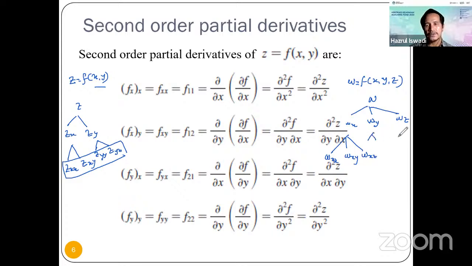So for the second order partial derivatives of a function which has three variables, there are nine second order partial derivatives.